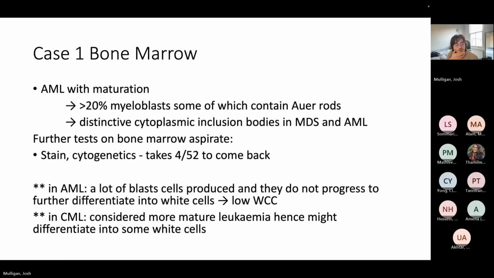Once you have a bone marrow aspirate, you can do some further tests. You can stain them, and you can look at cytogenetics, which is where you look at chromosome changes.